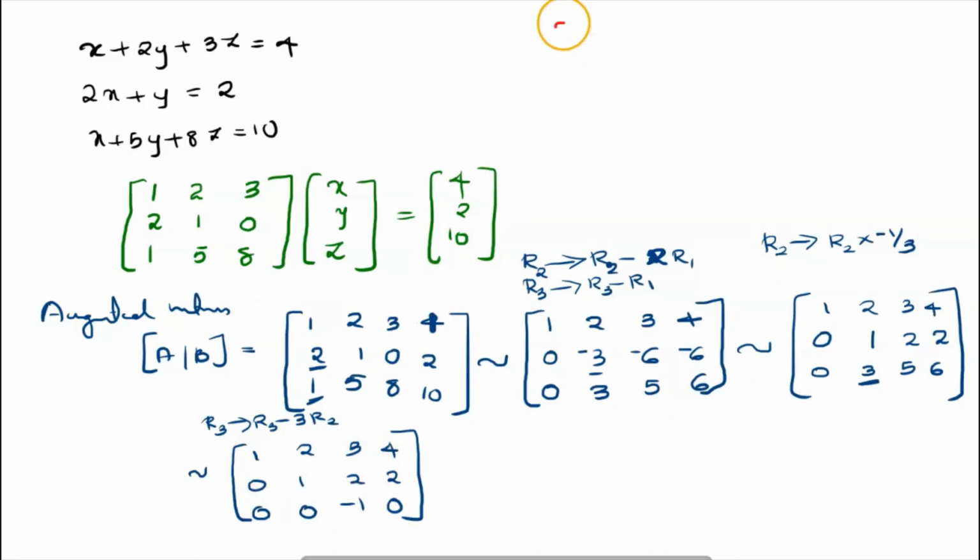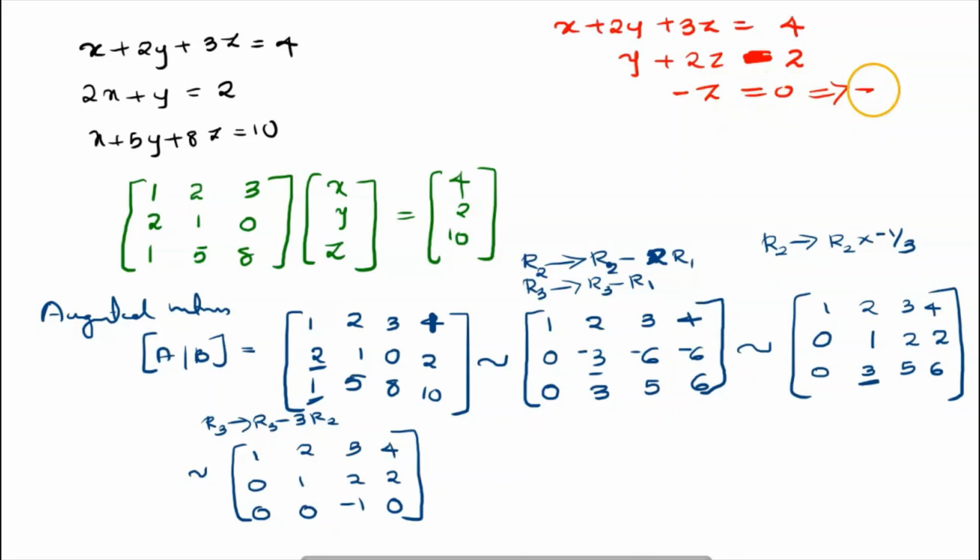That means 1x plus 2y plus 3z equal to 4. Next, 0x plus 1y plus 2z equal to 2. Next, 0x, 0y, minus z is equal to 0. That means z is equal to 0 is clear.